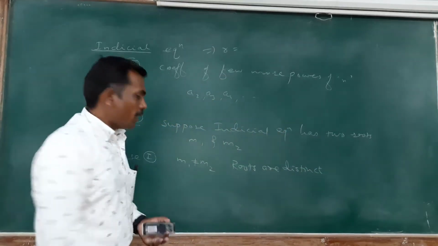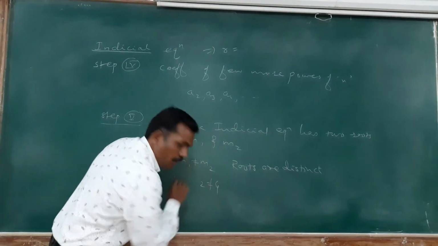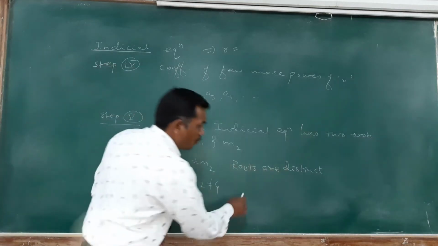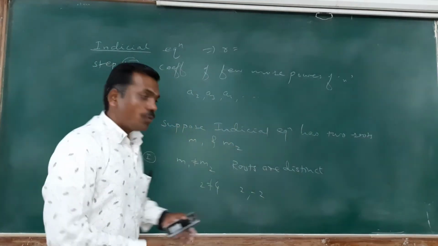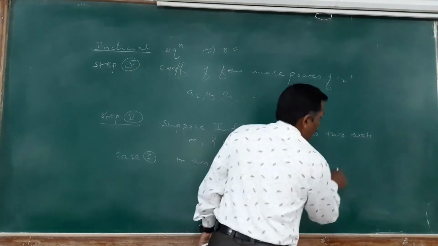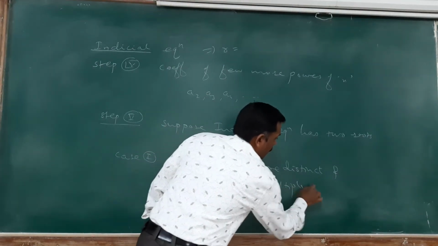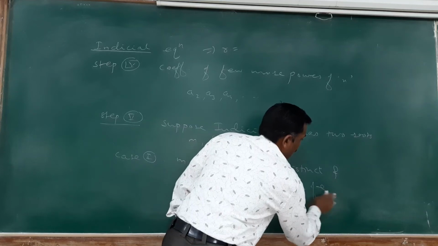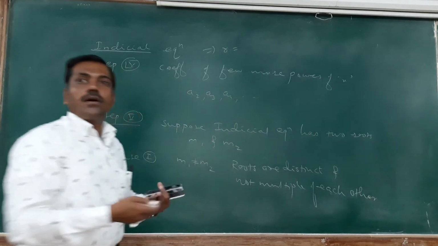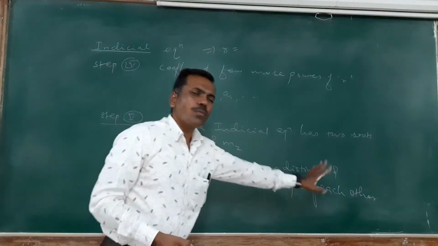But it may be possible that I get 2 and 4. These two are not equal, correct? But I can write 4 as 2 into 2, or 2 and minus 2. So I have to complete the condition: the roots are distinct and not integer multiples of each other. I just call it not multiple to each other.